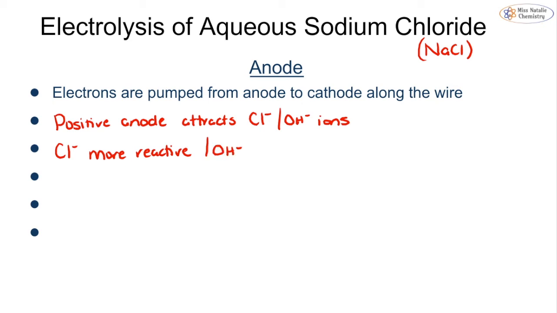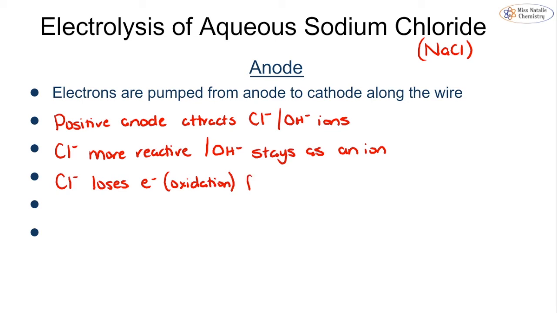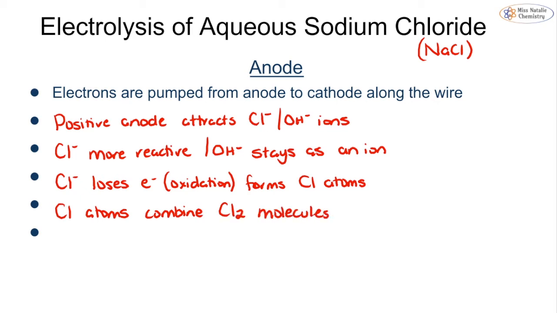So the hydroxide stays as an ion, and our chloride loses an electron, which is our oxidation, and it then forms Cl atoms, and then these Cl atoms combine, because of course chlorine is diatomic, and we get a Cl2 molecule.